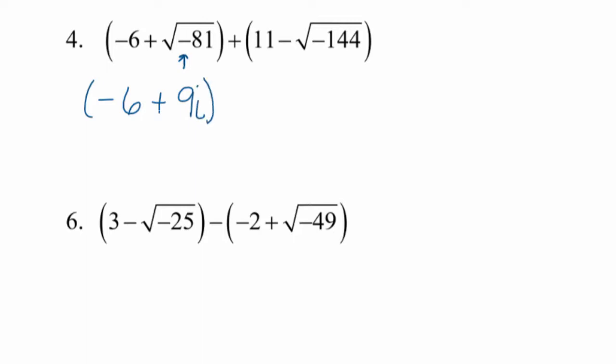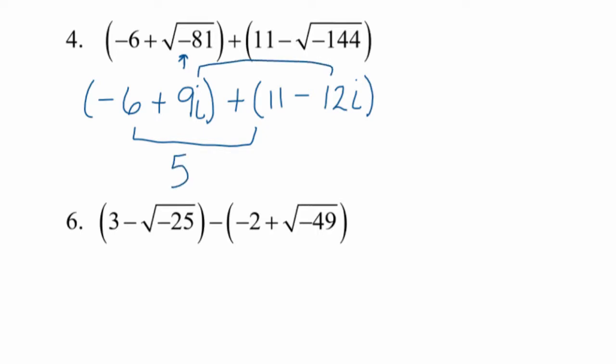You can do that in your head, or you can write the steps. Plus 11, subtract the square root of negative 144. The square root of 144 is 12, and the square root of negative 1 is i. Now you're going to add together the real parts. Negative 6 plus 11 is 5. And then you're going to add together the imaginary parts. 9 minus 12 is negative 3i.